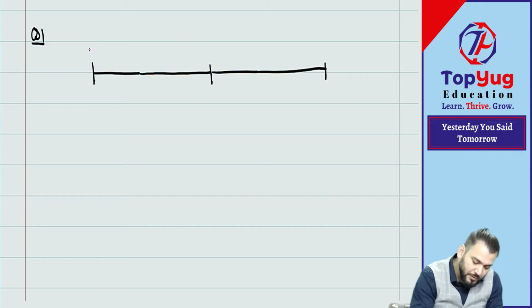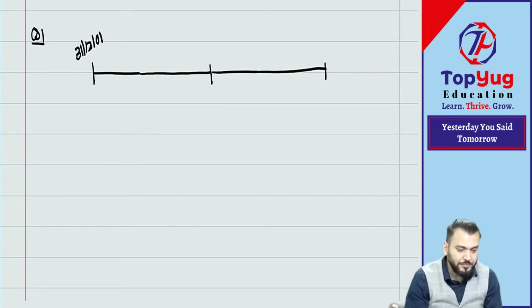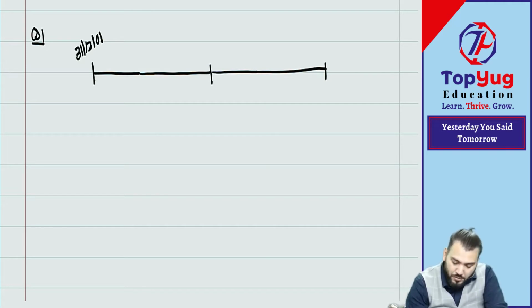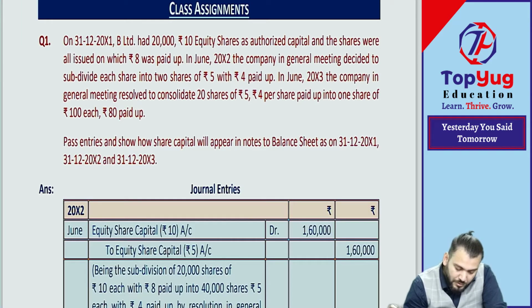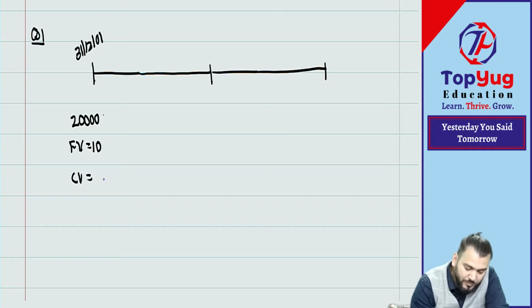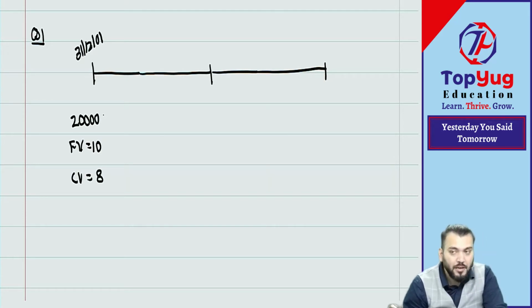This is 31st December 2001. On 31st December 2001, there were 20,000 equity shares of rupees 10 each. Face value was 10, and the called up value was 8. Understood?